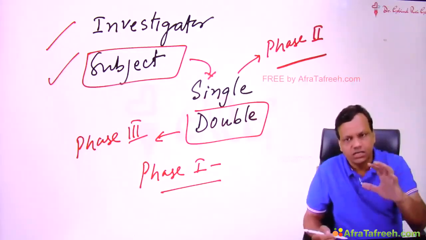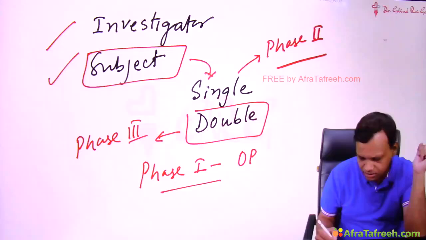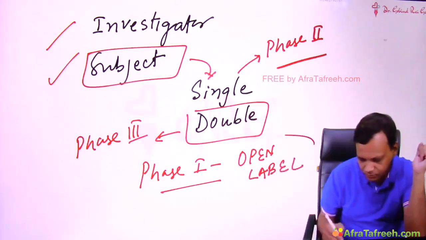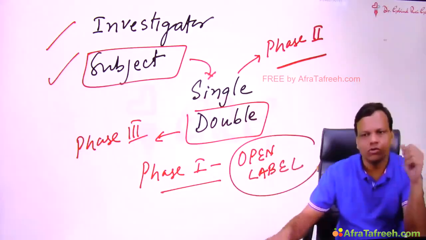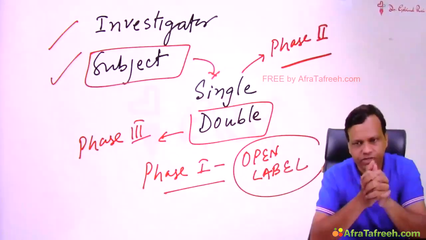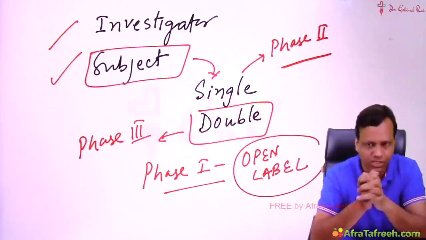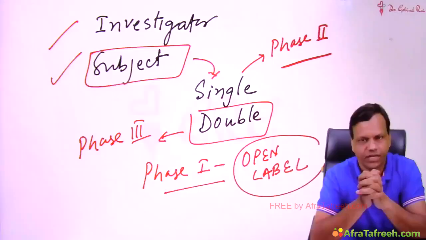We are not giving a drug and seeing its efficacy. So phase 1 studies are known as open label studies. Open label means neither subject nor investigator is blind. Clear? So these are the high 5 points about clinical trials.